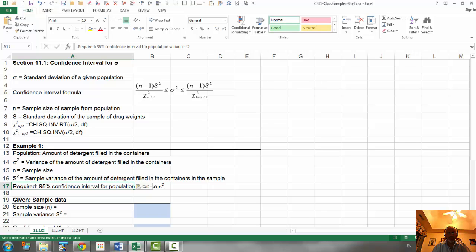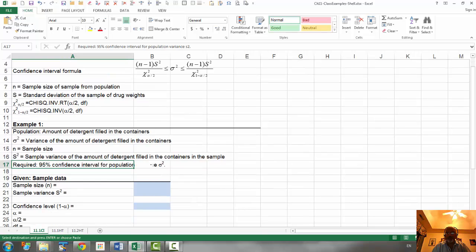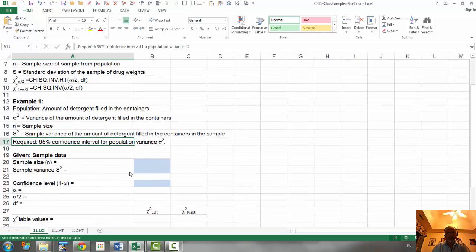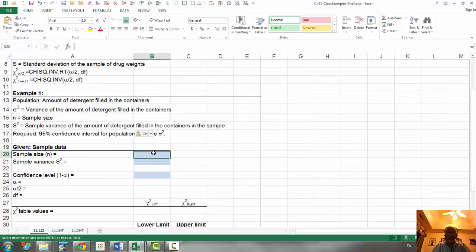Now we need a 95% confidence interval. So let's fill out the sample information given in the problem. We take a sample of 20 containers, and the sample variance turned out to be 0.0025. And now we want a 95% confidence interval.